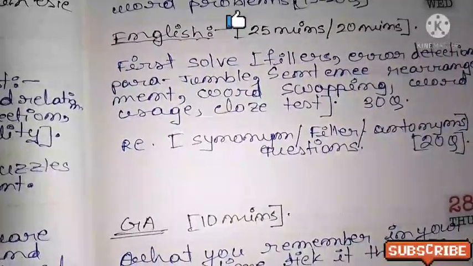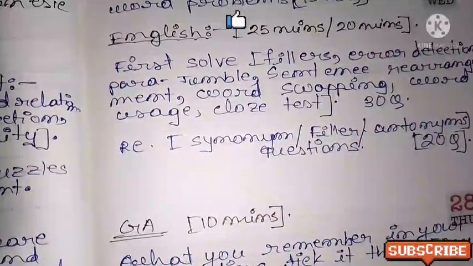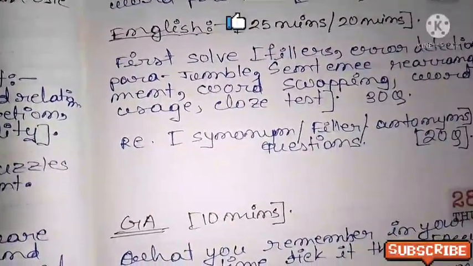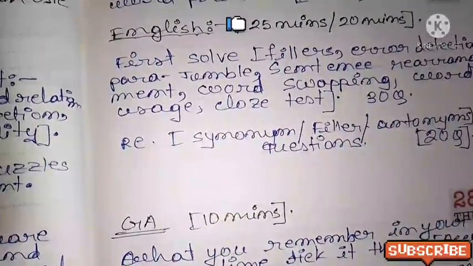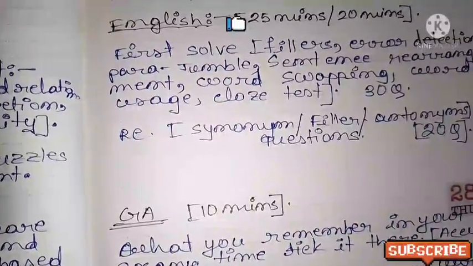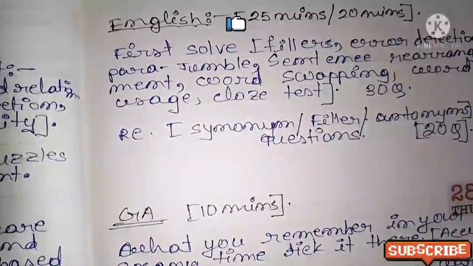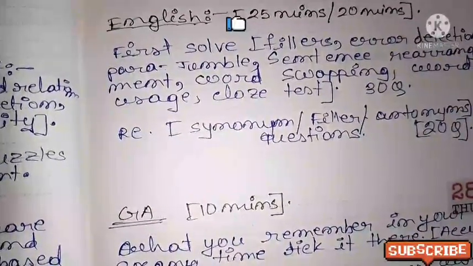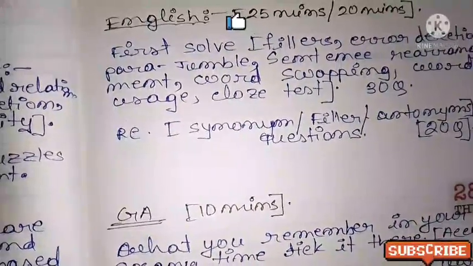And yeah, if I talk about the RC portion, they ask RC from story type. It's not editorial type questions, I mean economics-based, I feel so. You may attempt the RC's synonym, antonym questions first, along with fillers and error detection, I mean the one-liner questions of English.